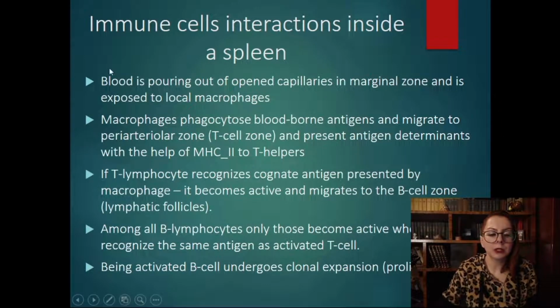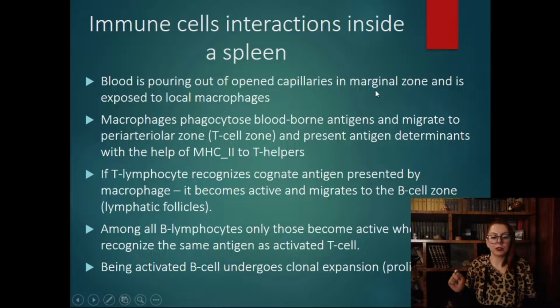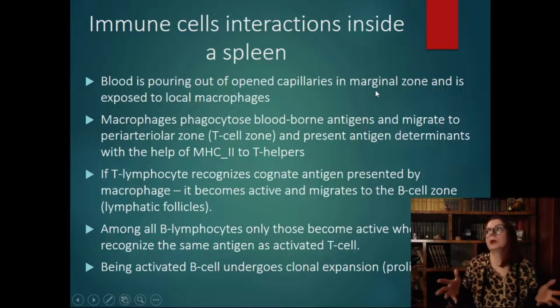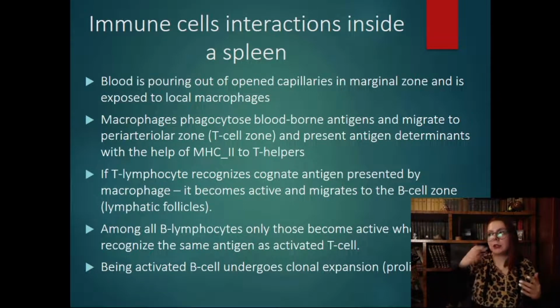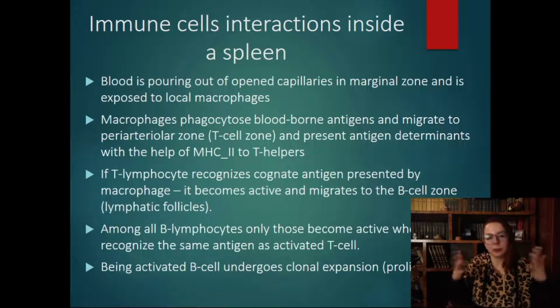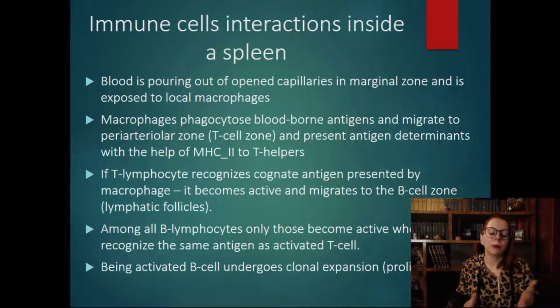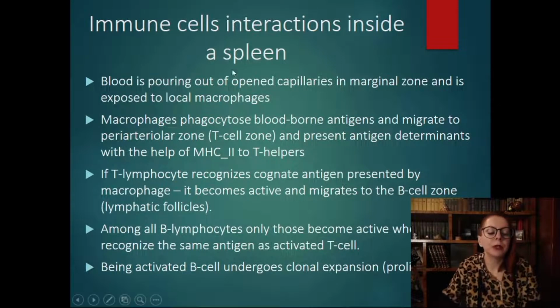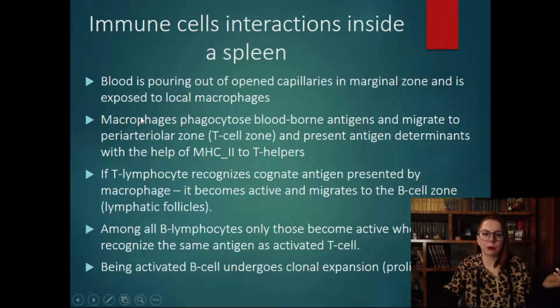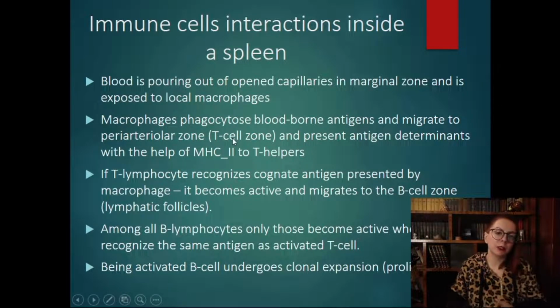So in the spleen, blood is pouring out of opened capillaries in the marginal zone and gets exposed to the local macrophages. In the same way as in the lymph node, where lymph arrives to the sinuses, here blood brings antigens. Then macrophages, by capturing those blood-borne antigens, migrate to the T cell dependent zone.